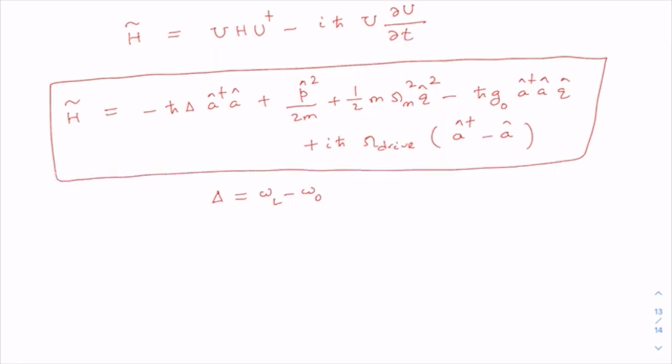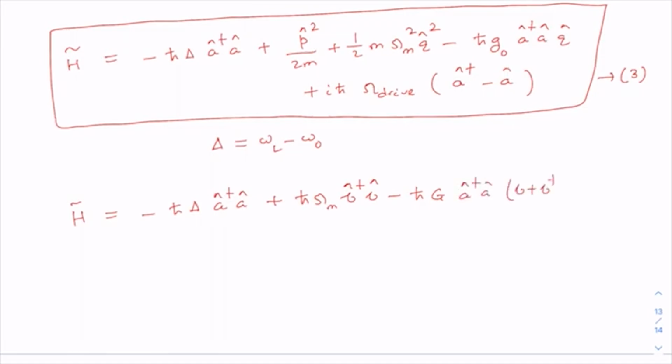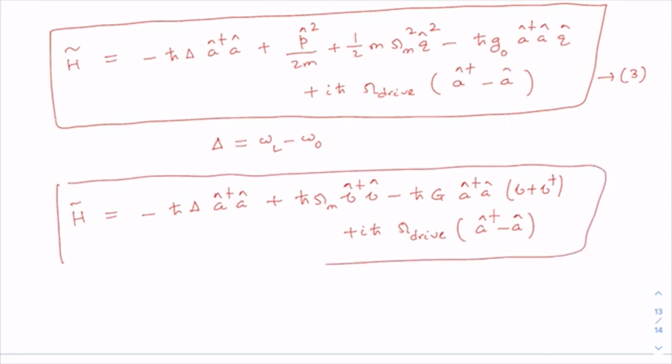Let me first term it as my equation number 3, and in terms of creation and annihilation operators of the mechanical oscillator, I can rewrite this as minus h cross delta a dagger a plus h cross omega m b dagger b minus h cross z a dagger a (b plus b dagger) plus i h cross omega drive (a dagger minus a). Let me take it as my equation number 4.